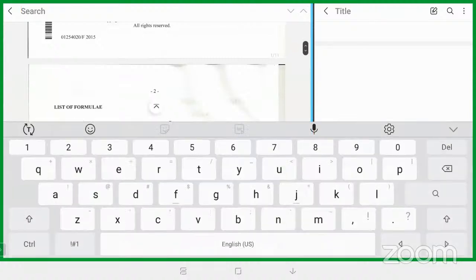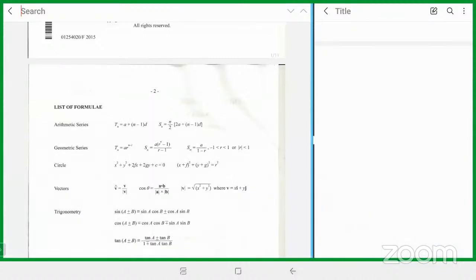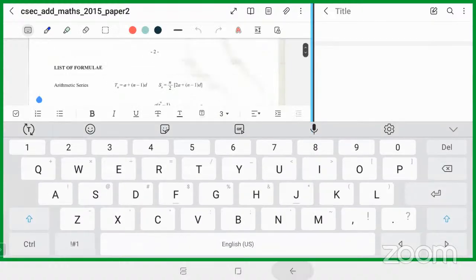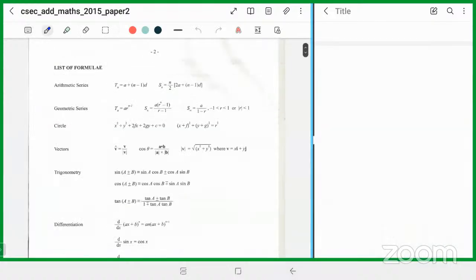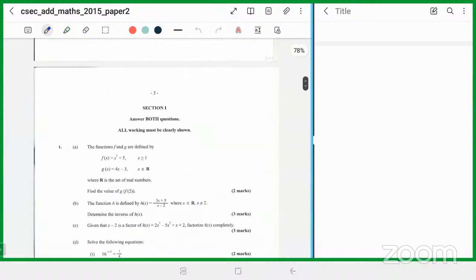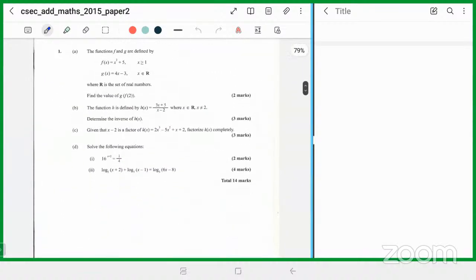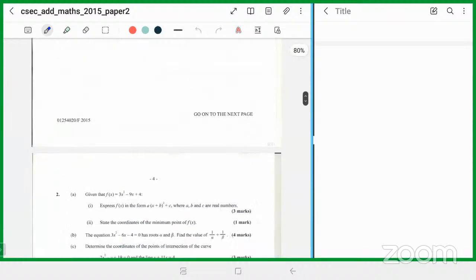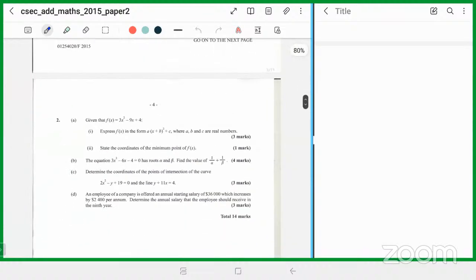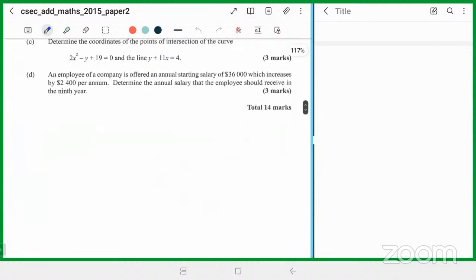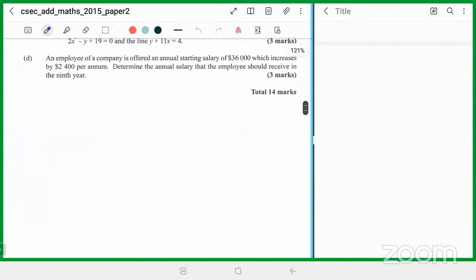How do I do this? All right, so one here. That's what this one is right here.